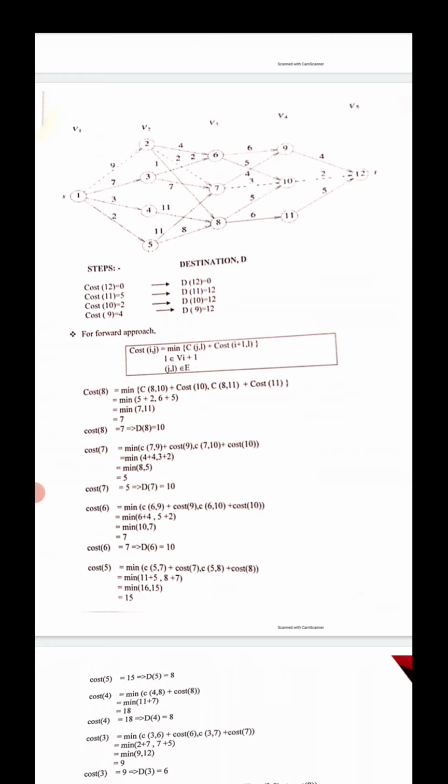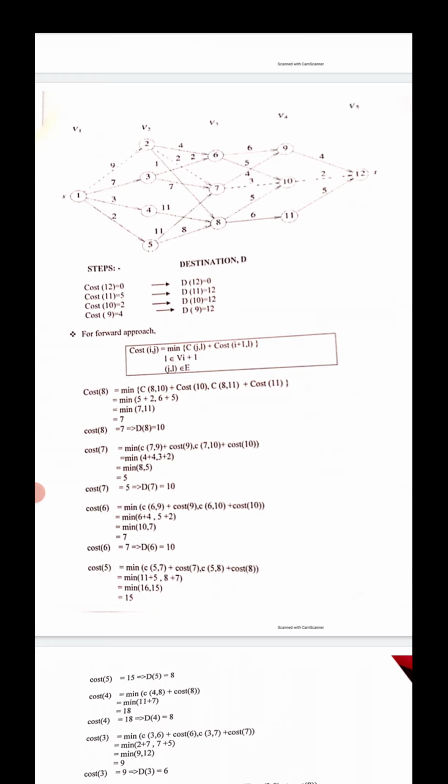First of all, we have to calculate the cost and distance arrays. The cost of 12 will be assigned 0. The cost of 12 is not given.